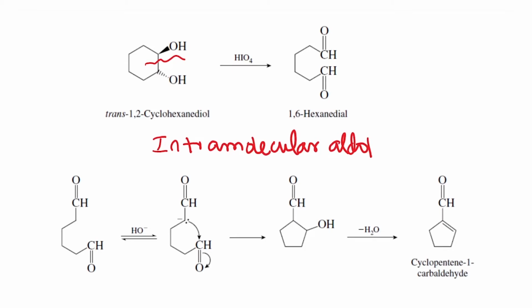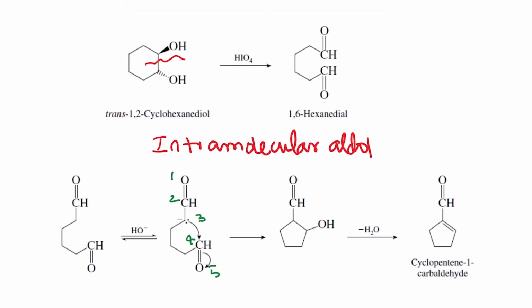So you can propose that this will form the enolate. The carbanion is shown here just for convenience, but it would exist in the enolate form. And then there's an intramolecular attack that can happen. Let me just number these carbons so that it's easy for us to follow. So this is 1, 2, 3, 4, 5.